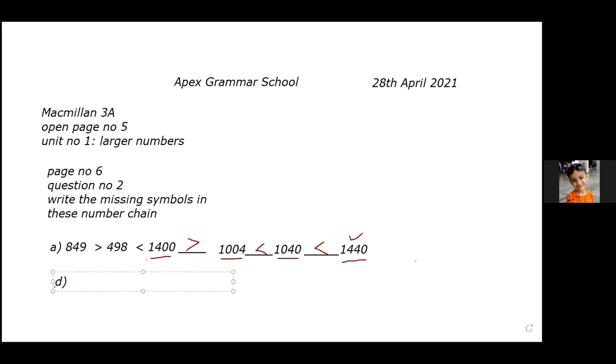That is 4,910 is greater than 3,045 is greater than 2,918. Then they leave a box for us to write the missing symbols.